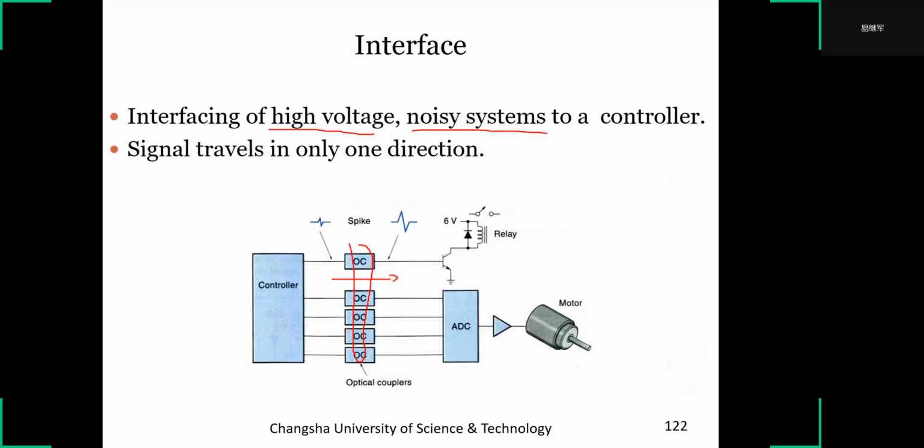So if there is some spark or some error, some extremely high voltage, the voltage cannot affect the controller. So we use this optical coupler for isolation.